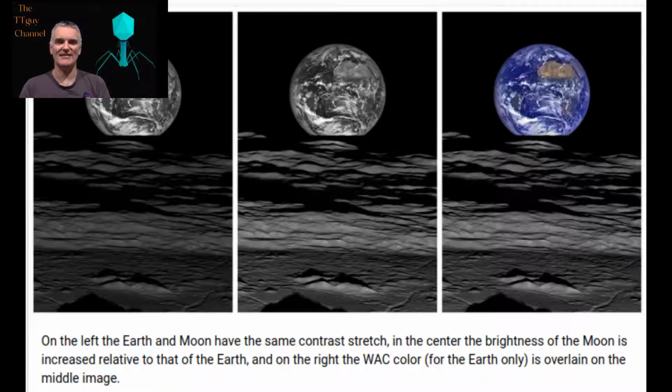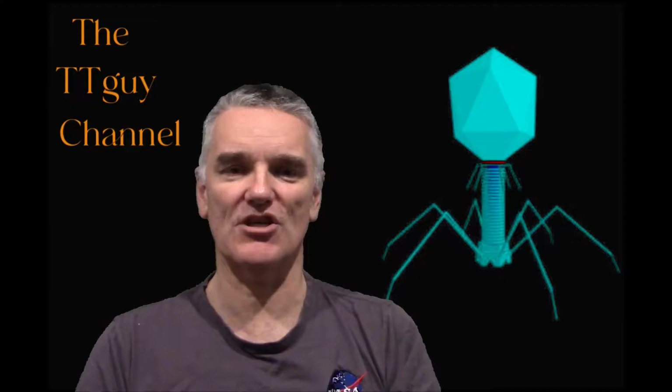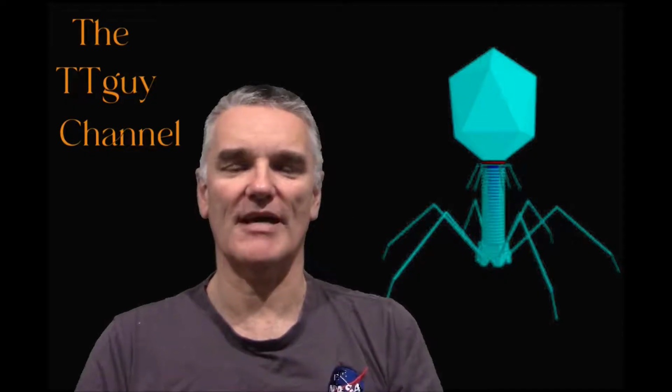They're telling you that it is a composite image where they've copied the Earth from one image and pasted it onto the moon of another image to make a composite.